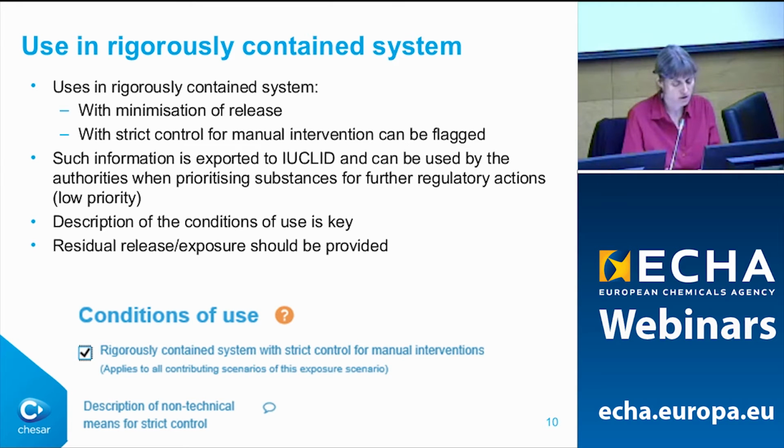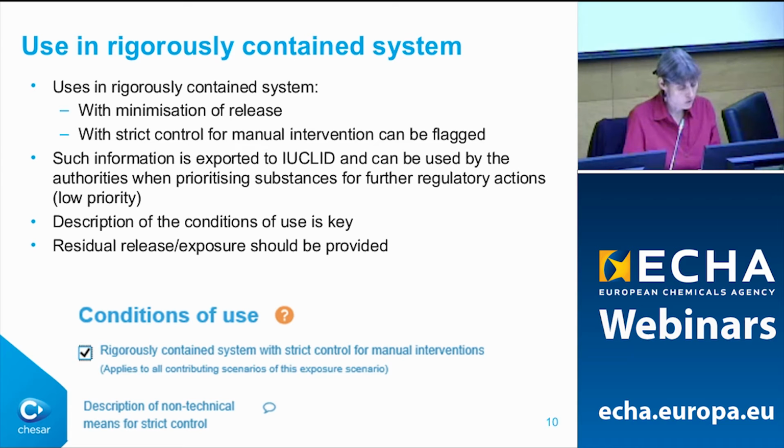So the definitions are similar to what you have for closed system or the Article 17/18 definitions on the strictly controlled conditions. It's more or less the same principle. And the idea is that it's possible to flag those in Chesar 3. The information is exported to IUCLID, and it can be used by the authorities when prioritizing the substances for further regulatory actions for low priority.